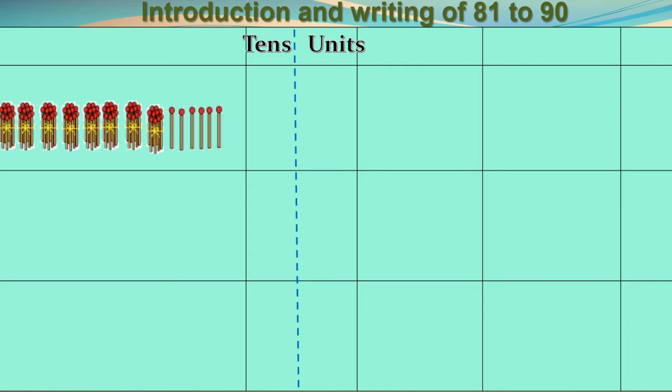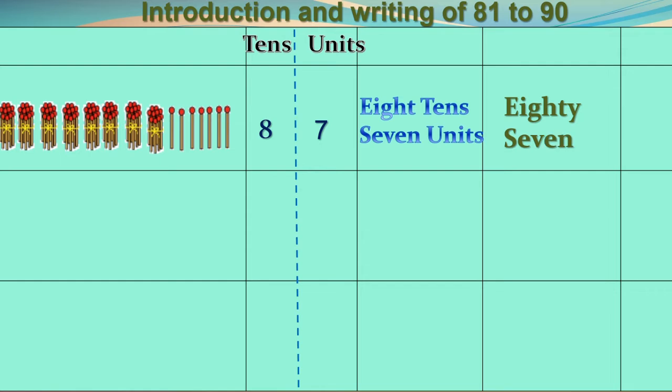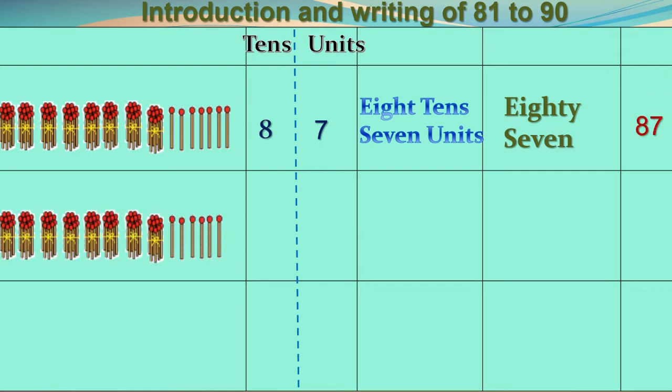Let us add one more to this to get the next number. That is nothing but 8 tens and 7 single sticks. That is nothing but 8 tens and 7 units. Number formed is 87. 80 and 7. Right? Here we can see 87 matchsticks.